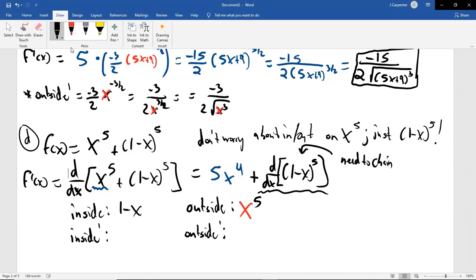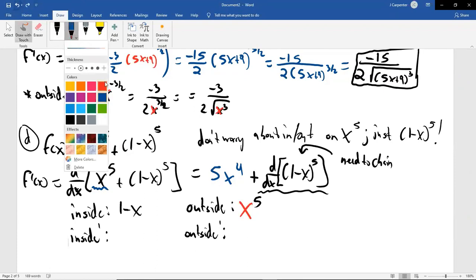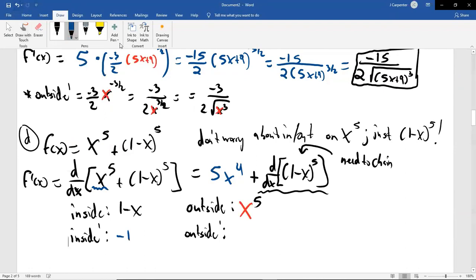The derivative of 1 is 0 because it's a constant. The derivative of negative x, there's a negative 1 implied to be there. And that's a linear term, so its derivative is the coefficient, which is negative 1. So the derivative of the inside is just the negative 1 because this thing has a slope of negative 1.